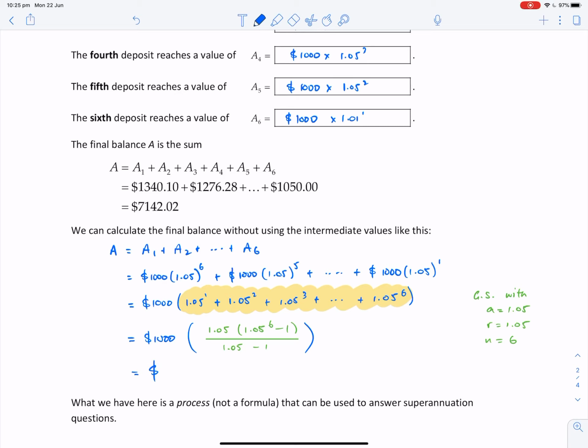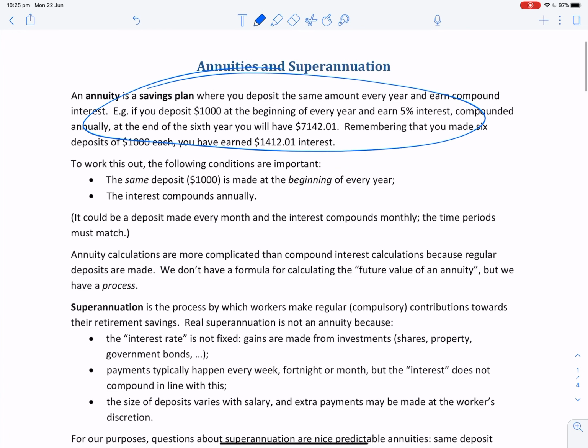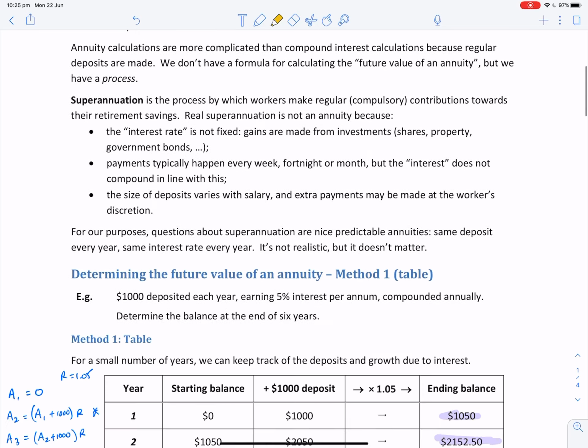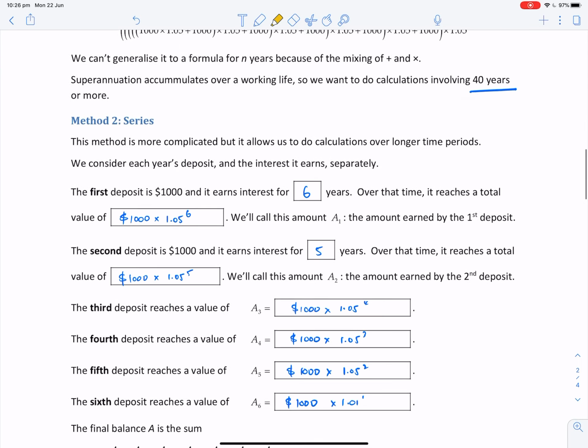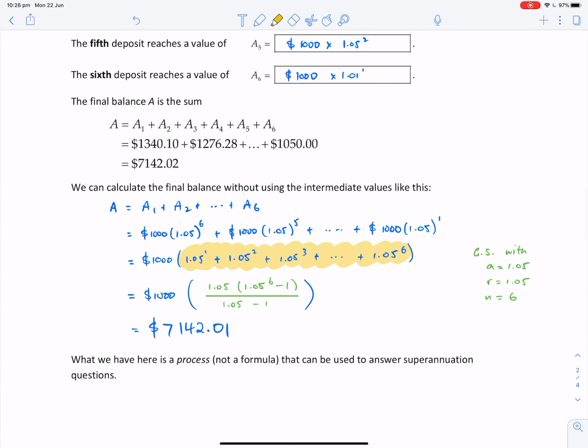Okay, so I have got 7,142.01, and that is what we have here, right? And what we would have found in the table if I'd kept it going. Okay, so that just demonstrates how these can be calculated over a very long time if necessary.